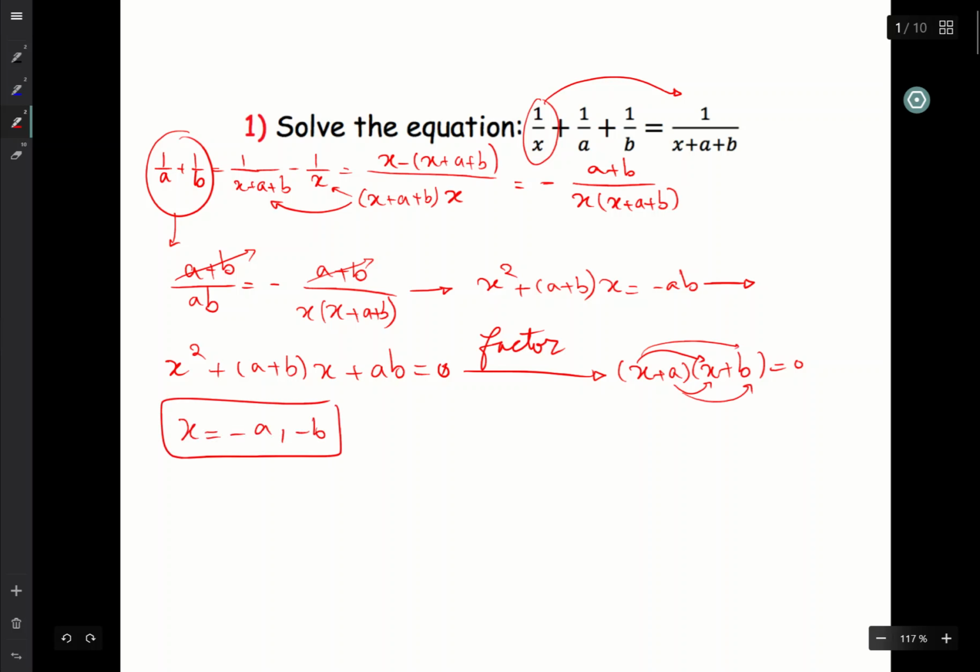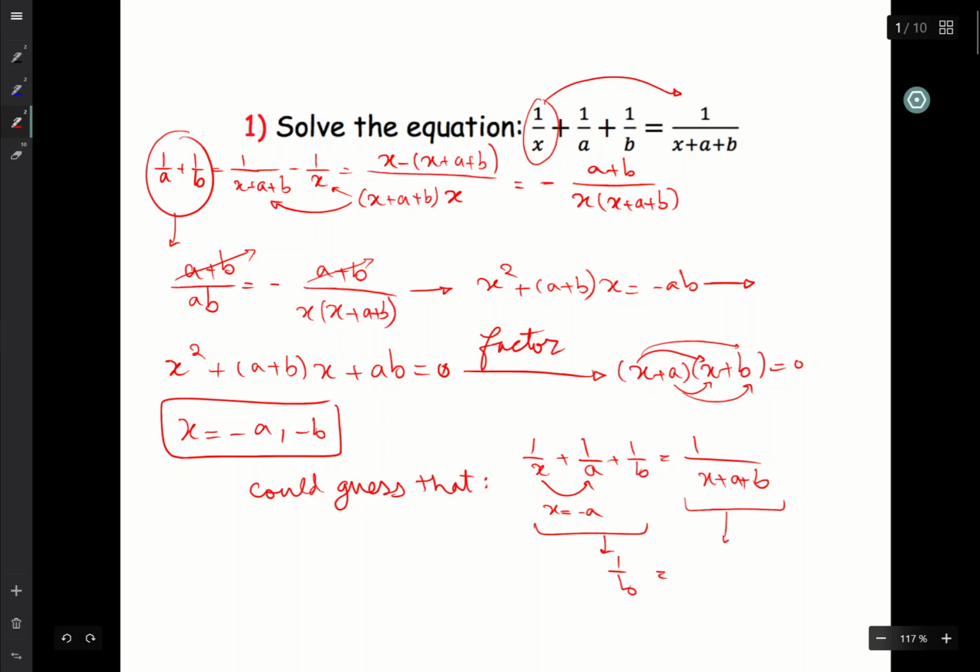And you kind of could guess that, right? You could guess that because in the original equation, 1 over x plus 1 over a plus 1 over b equals 1 over x plus a plus b, it's very easy to see that if I put x equals negative a, these two terms cancel out and I end up with 1 over b.